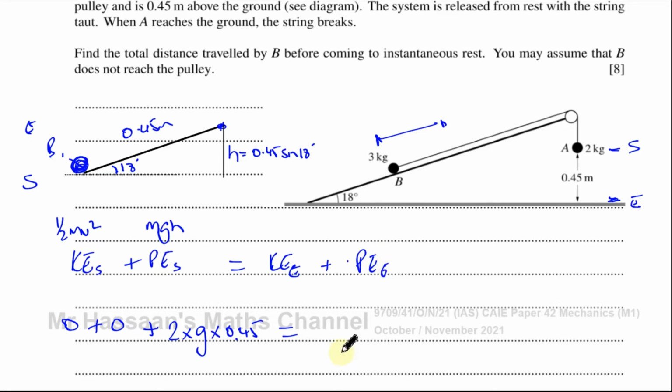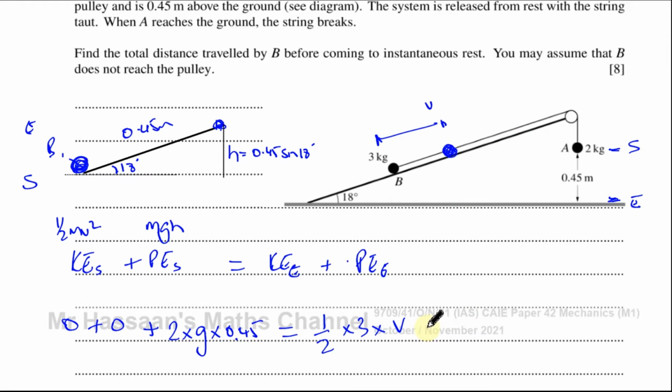So the kinetic energy of B when it reaches this point is going to be half times its mass, which is 3, times its velocity, which is v, which we have to find. That's what we need to know, the velocity with which it reaches this point, and then we can find the rest.